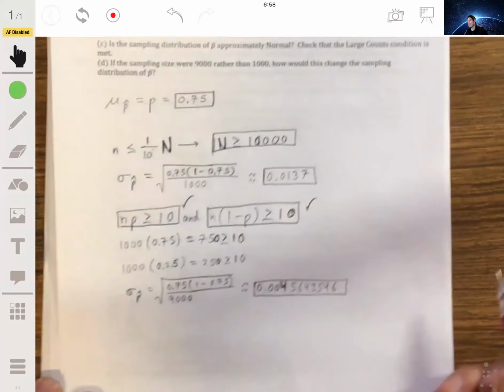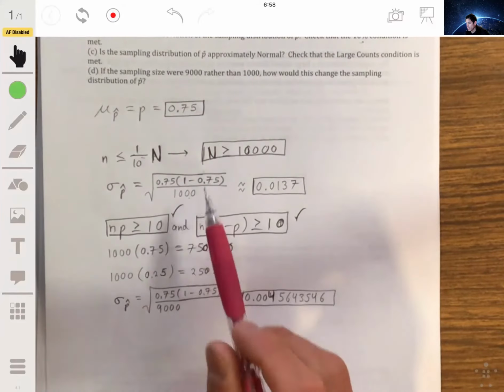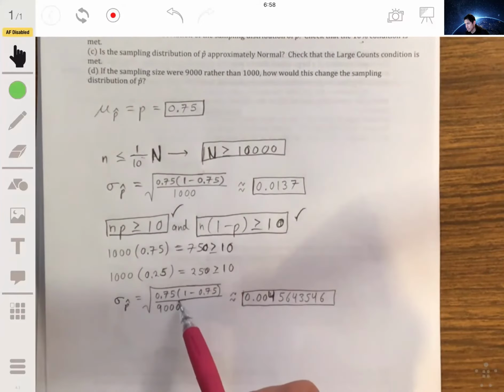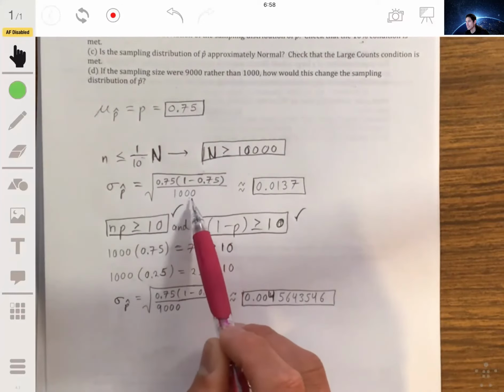Okay, so you'd be like, what are they getting at here? Well, let's see if you still have your algebra skills. If we look at these two equations, what's different is just the denominator on the inside of the square root.